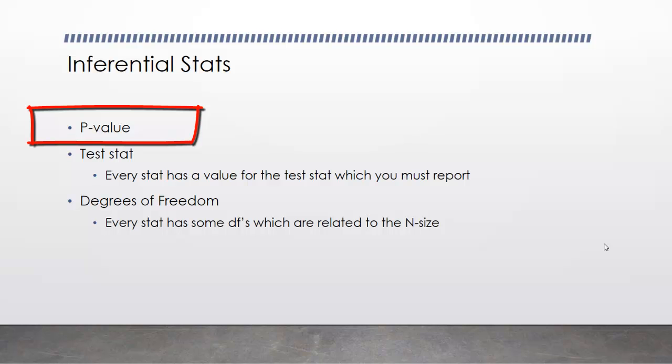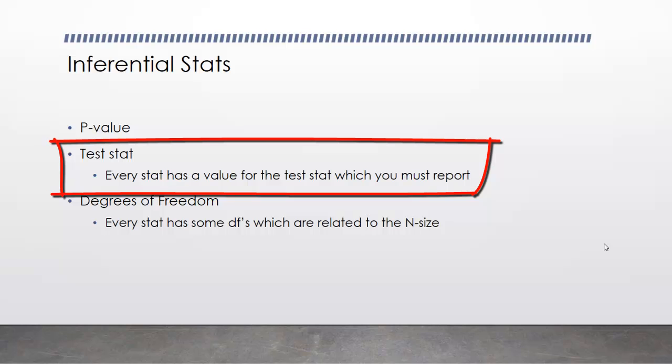Of course, the p-value is the most important value, and you're going to report that. Every stat calculates a test statistic, and most programs will give you that stat, and you also want to report the value of the test statistic.